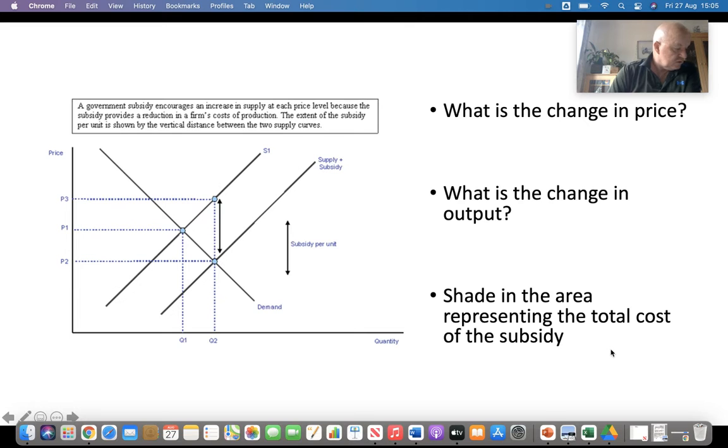These are all things that you should quite easily be able to do. Again, we could also talk about who's benefiting. Is it the consumer or the producer that is benefiting from this extra benefit? That's something again that we will need to consider.